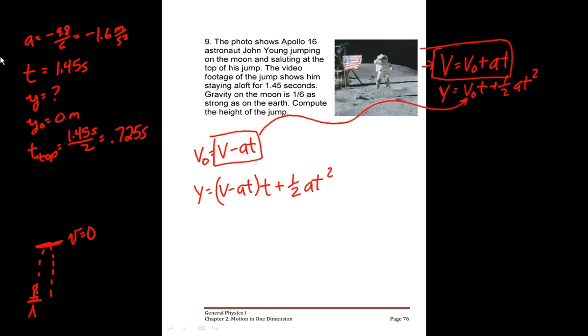Now at the top of the trajectory, V is equal to 0. So I'm going to make that 0. And so Y equals negative 1/2 AT squared.